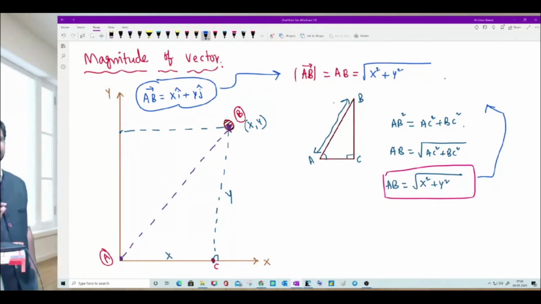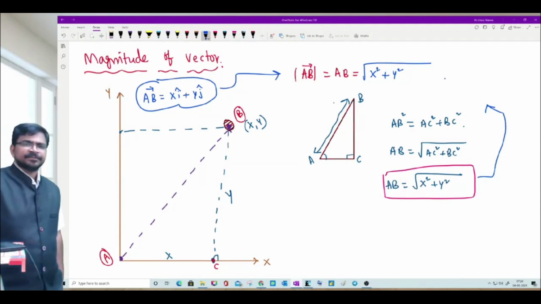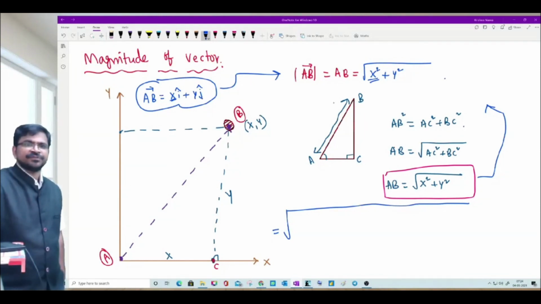Very simple. Or you can say in a generalized way, the magnitude of any vector is the square root of, what is x here? x is the coefficient of i. What is y? The coefficient of j.